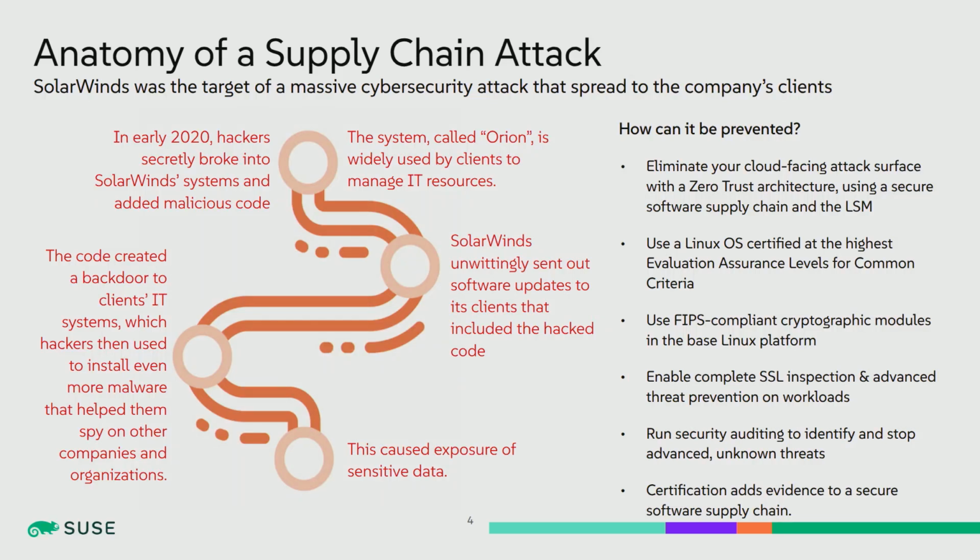And supply chain security, we have come across many instances. One of the most famous ones was the SolarWinds, which was a target of massive cybersecurity attack. And basically, hackers managed to embed their malicious code into SolarWinds systems. And then as SolarWinds pushed out the updates to its customers, hackers practically found a backdoor into all those customers' systems, right?